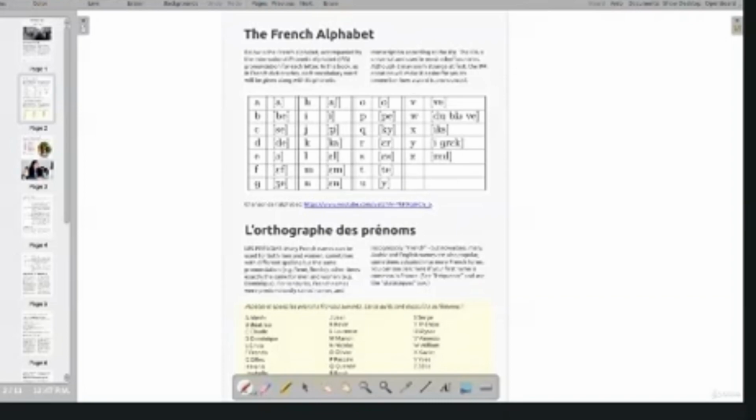So the French alphabet is just a bunch of letters, just like we have in English, and we combine all these letters to form words. Each letter of the alphabet that's in a word may not be pronounced. All of the letters may not be pronounced.